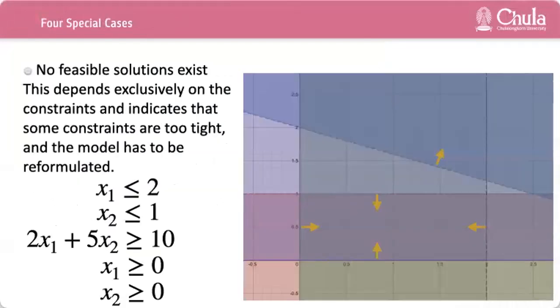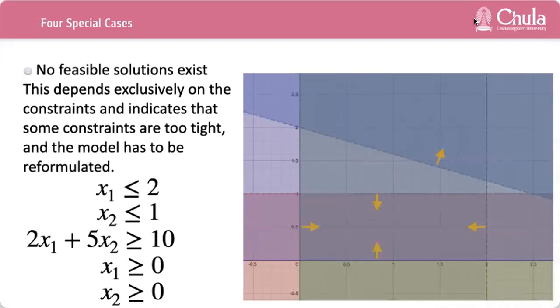And also, last time I told you about the 4 special cases for linear programming. The first case is the case where no feasible solution exists, where we draw all the constraint feasible regions, and we see that the set of constraints given does not form a feasible region at all.